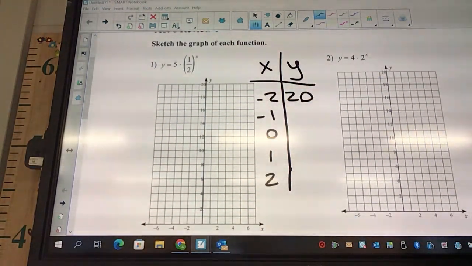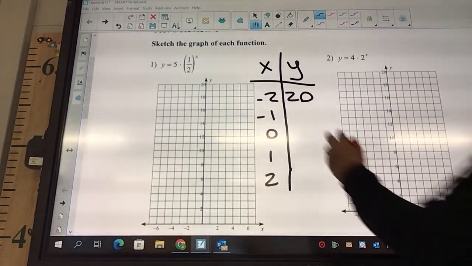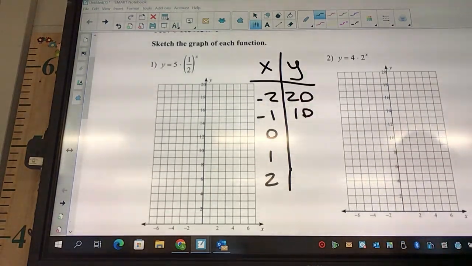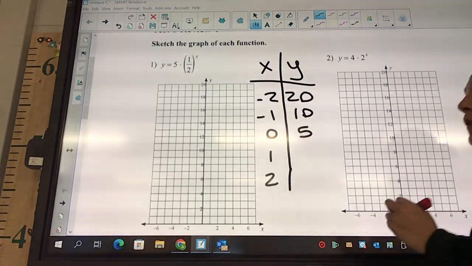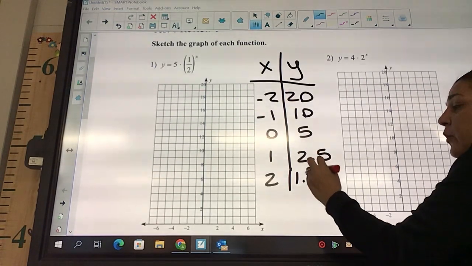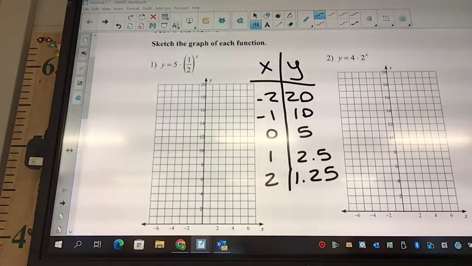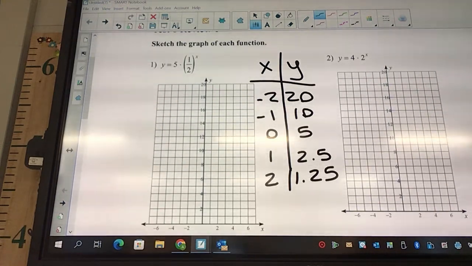And then you're going to edit that and then type in -1. 10? Okay. 5? 2.5? 1.25? Yeah. Somebody agree with those? Who said that? You didn't even type. You did, he didn't. I got a brain.